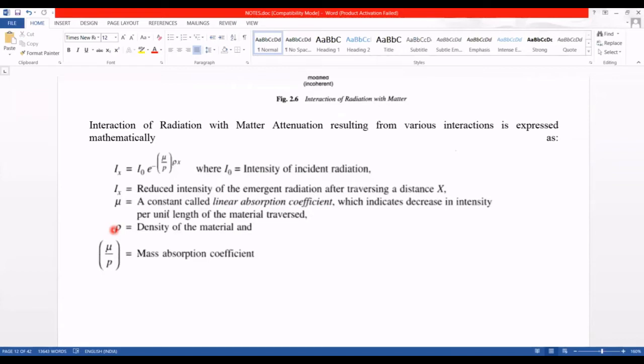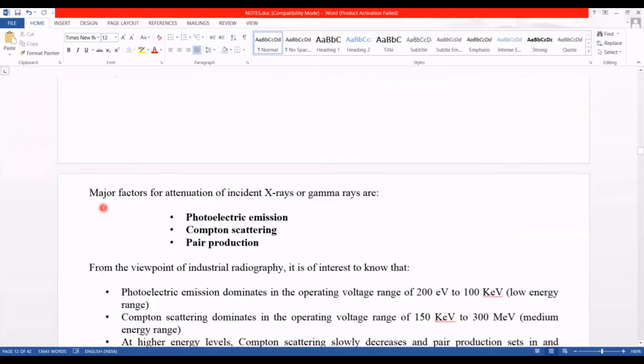That's why we have to consider rho also. Here mu by rho is the mass absorption coefficient. This is the expression. By using it, we can know the reduction in the intensity of the radiation. Okay, next.